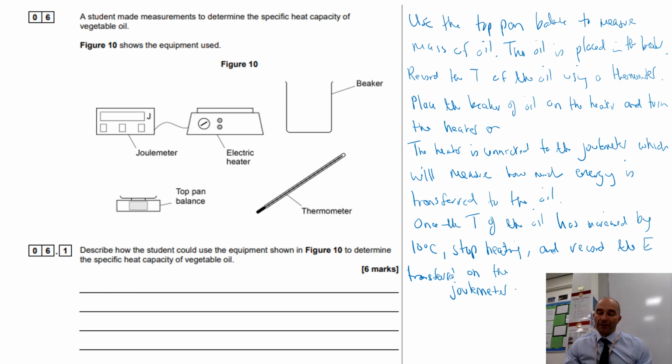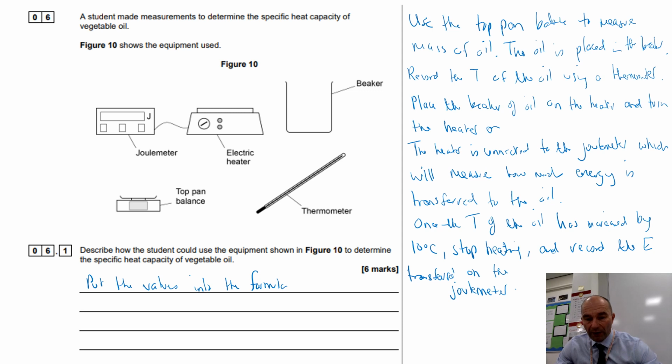So here we're explaining exactly how we're using each bit of the equipment and what readings we're taking. And it's important to be talking about recording these numbers. We then, just going to move on to the other side of the page here, put the values into the formula.